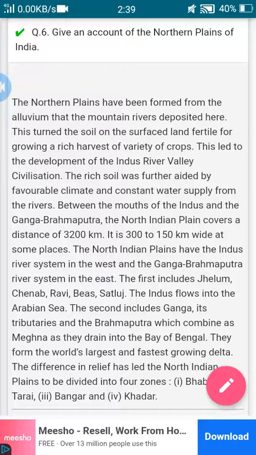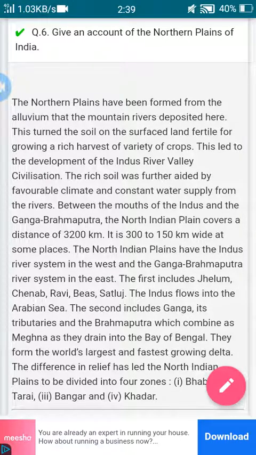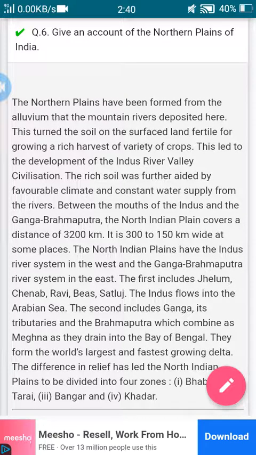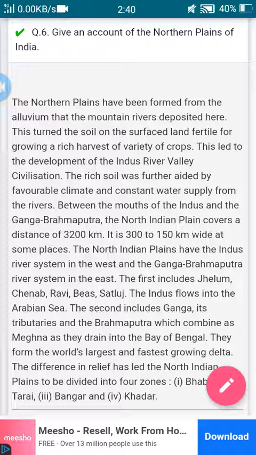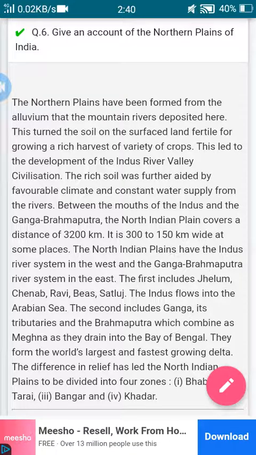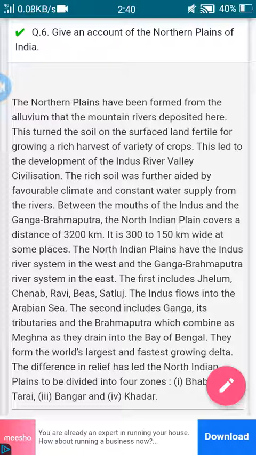The second includes the Ganga, its tributaries, and the Brahmaputra, which combine as the Meghna as they drain into the Bay of Bengal. They form the world's largest and fastest growing delta.